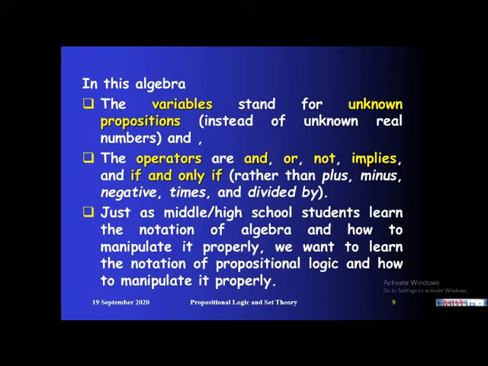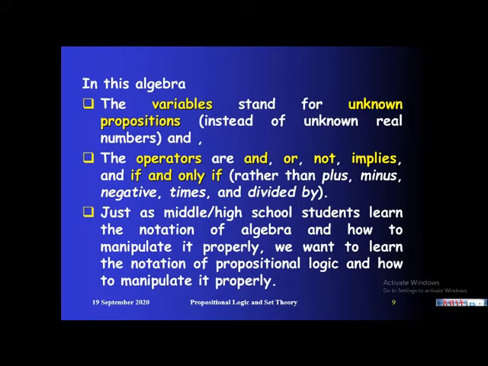For example, in high school, x plus 2 is equal to 5. The x represents a real number, but here we use different variables. The usual variables to represent a proposition or statement are p, q, r, and s. Dear students, proposition and statement have the same meaning. We can use them interchangeably. Some books use statement and others use proposition.